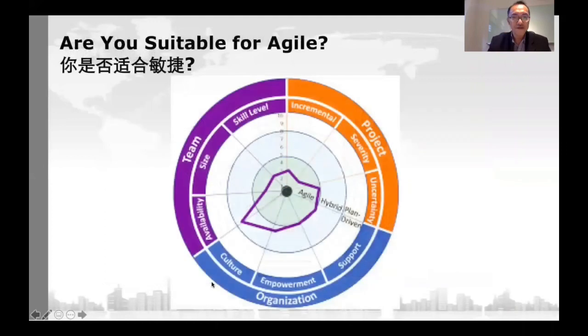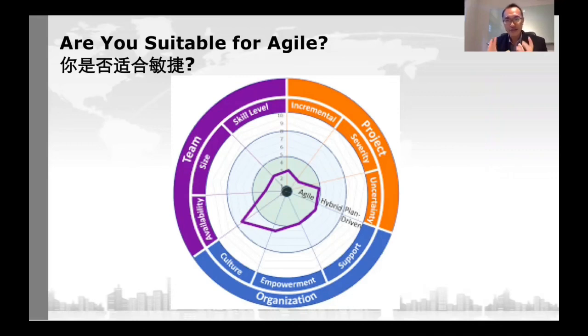And one thing to notice is that the reason we mention Agile is not because we're saying Agile is a better way. Agile is just a way to deal with complexities and frequent changes. So if you want to go to Agile, there are three things that we are looking at. From the project point of view, are there things that you need to change in the projects? Will the project specs be changing all the time or quite frequently?